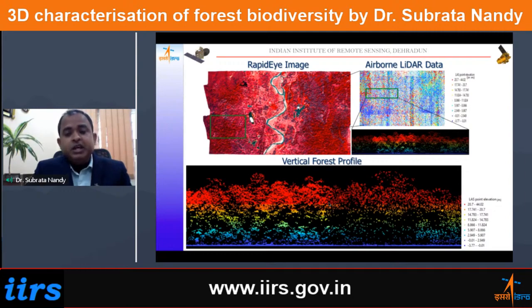So in addition to, let's say, optical 2D information, or spectral indices that are referred to as indicators of biodiversity, these could be additional inputs to the model for identification or assessment of biodiversity. So here you get a total forest profile and structure of all the vegetation or trees in this area.